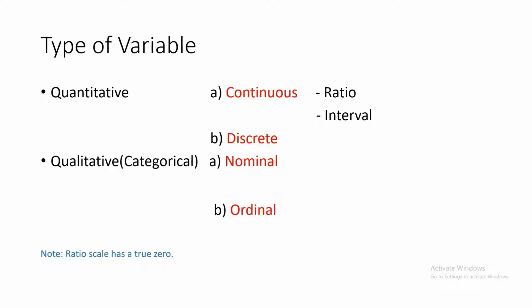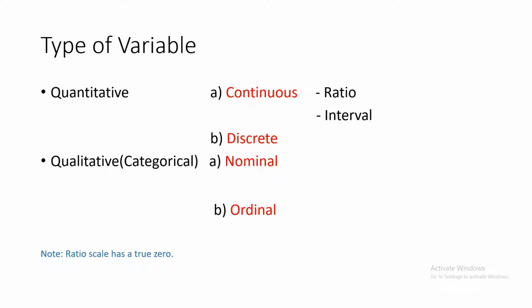There is a third type of variable, that is time to event data, and we will cover that in future videos. So for now, we will mainly focus on quantitative and qualitative variables.